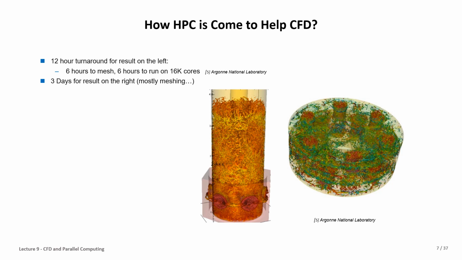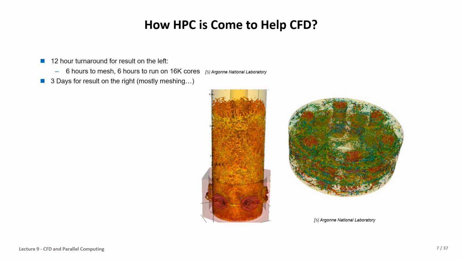So we can see here we have the HPC resources, but you see how long it takes to deal with the CFD simulation. And we can say for this size of problem, without HPC, it's so difficult to make a simulation and be able to get a result.